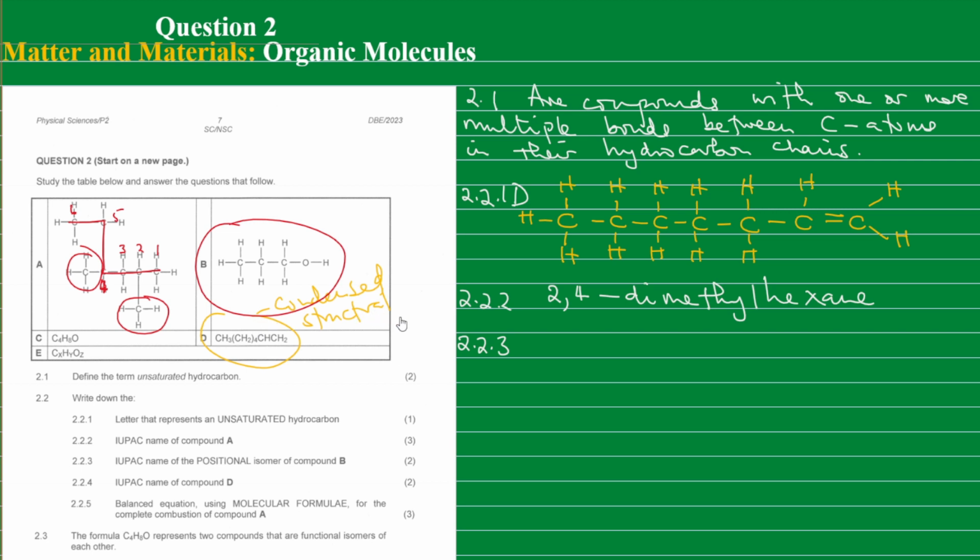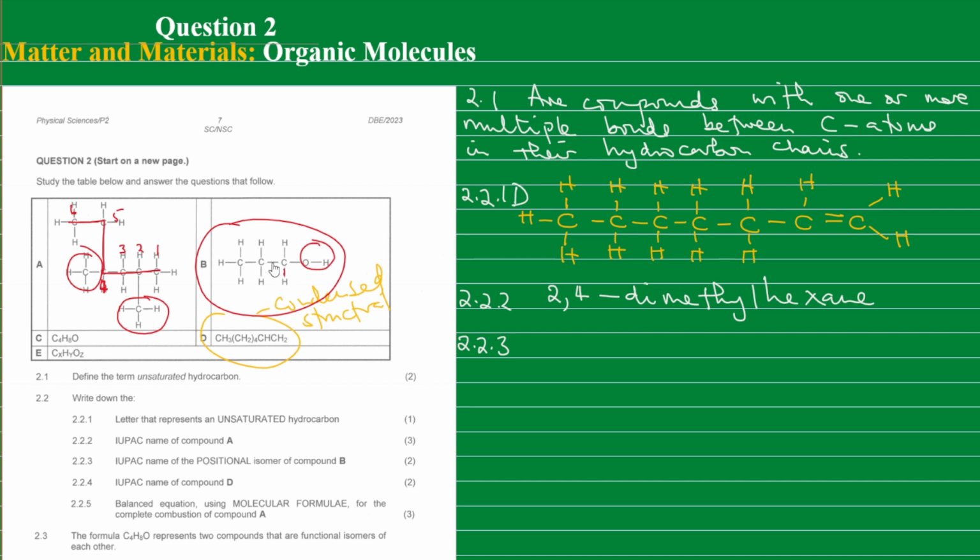Now a positional isomer is just compounds that have got the same molecular formula, but different positions of the side chain, or a different position of the substituent, or a different position of the functional group. So here we have a functional group which is OH, our hydroxyl group, on carbon number 1.